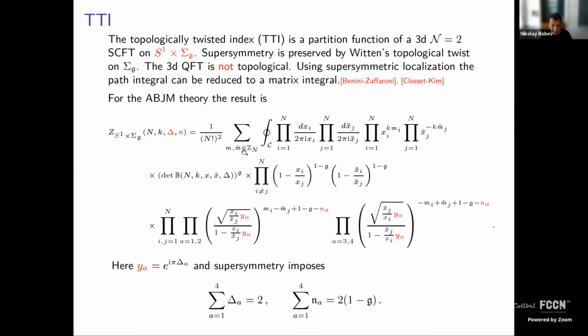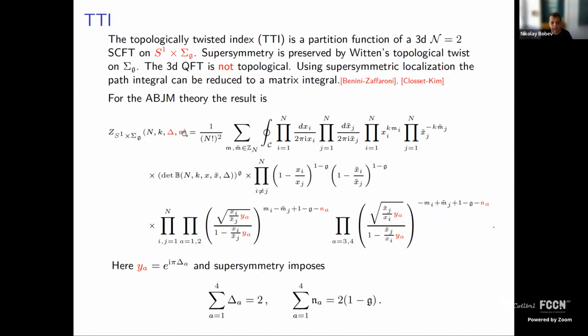What I want to explain a little bit is, so this N and k are our usual friends from the sphere. This delta is very much like the real masses that we saw before. So these Delta_1 to 4 are related to the global symmetries of the ABJM theory. They have to sum up to 2, and this is a condition for supersymmetry.